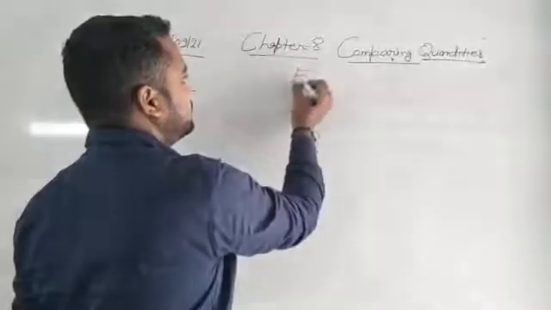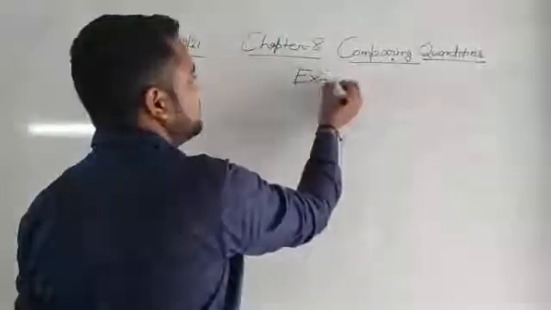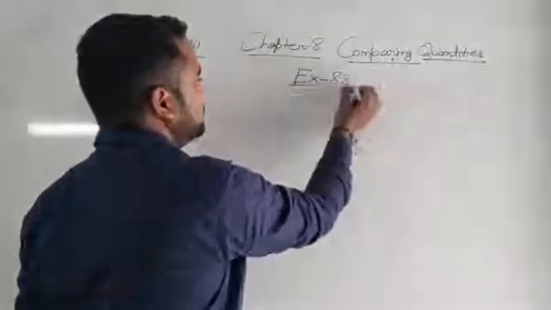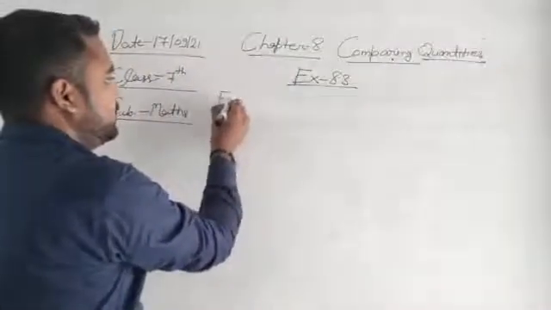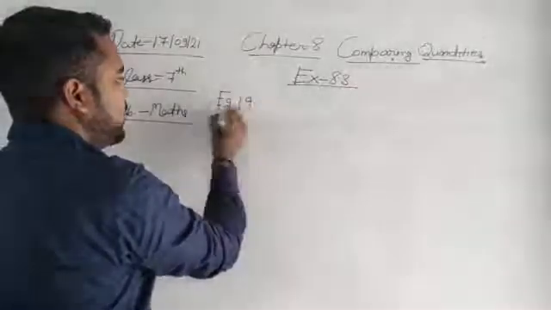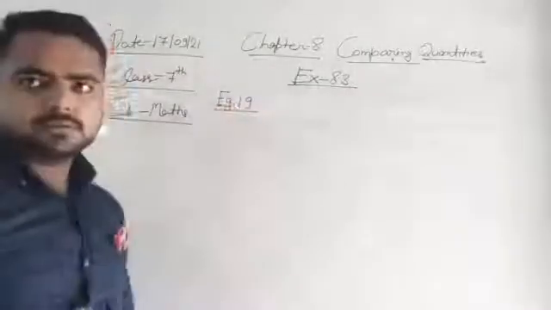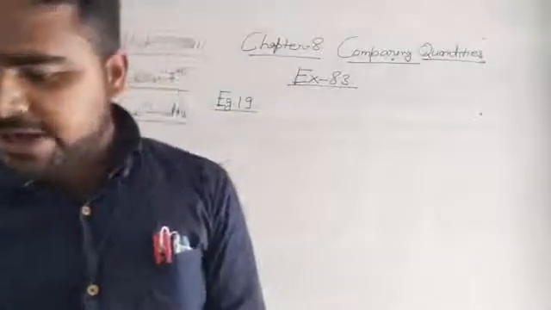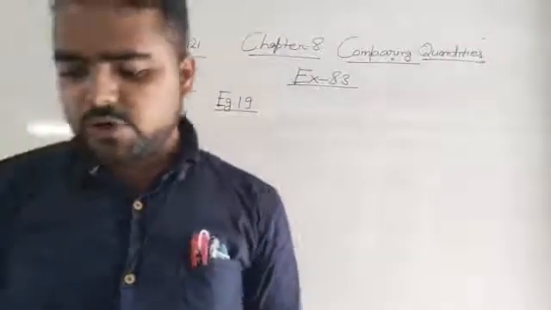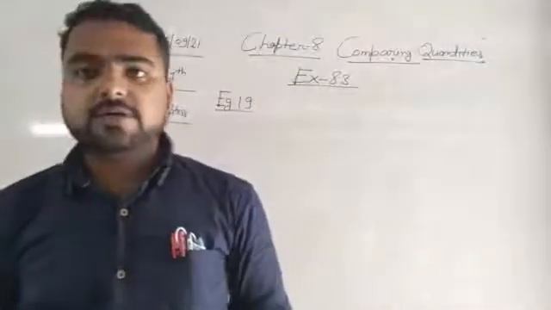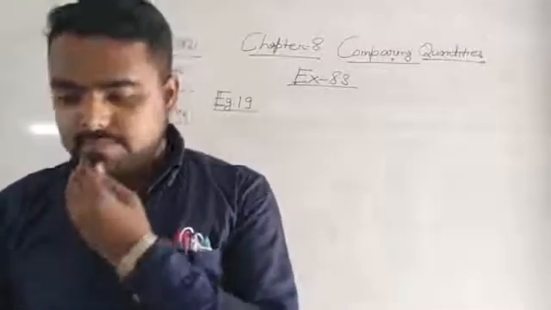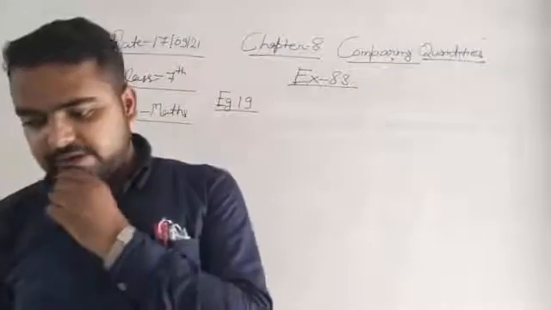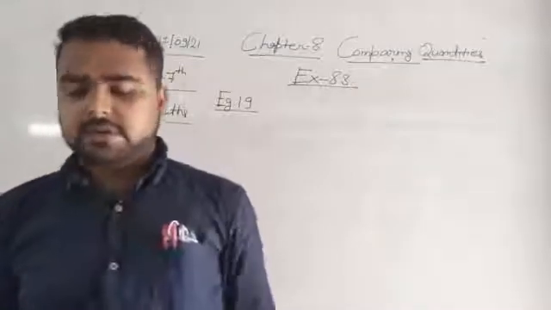We were doing exercise 8.3, and in the last class we discussed example number 18. Now we discuss example number 19. The selling price of a toy car is rupees 540, and the profit made by the shopkeeper is 20%.